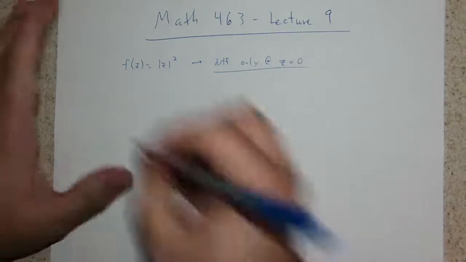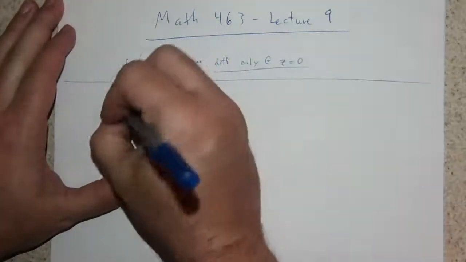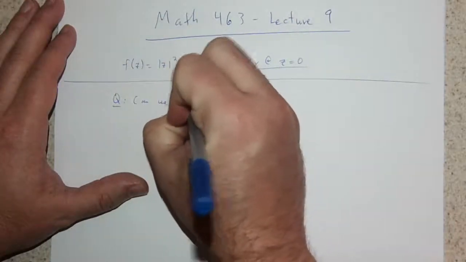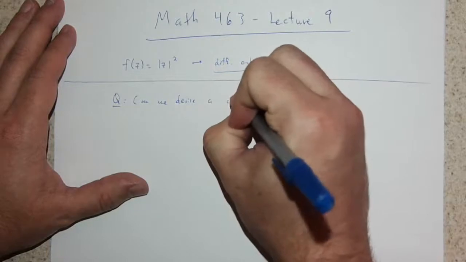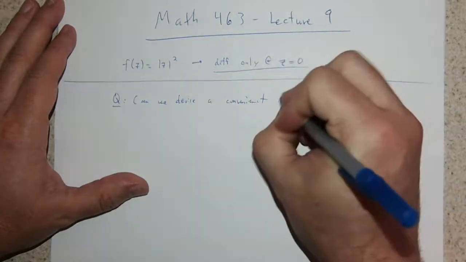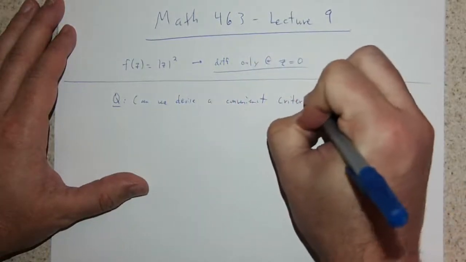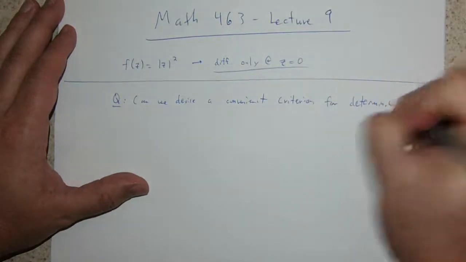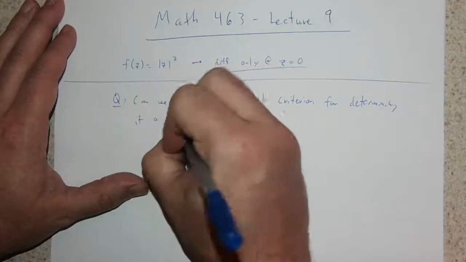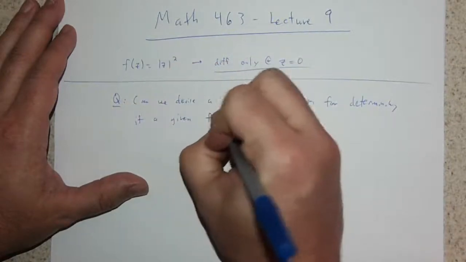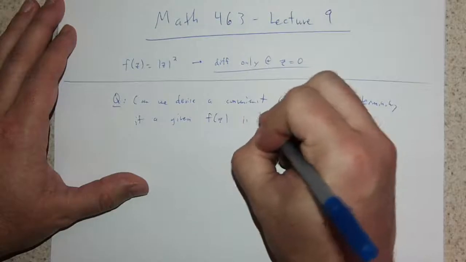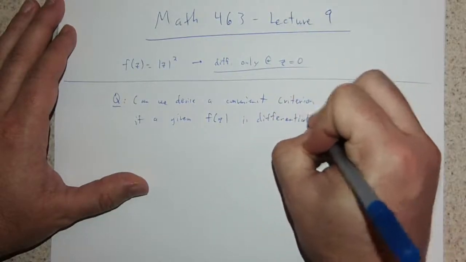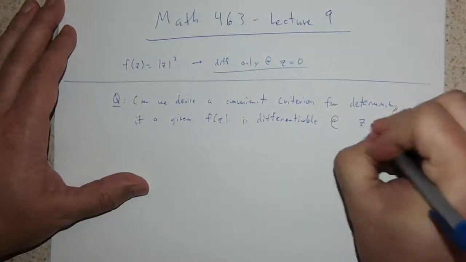And so the question is, can we devise a convenient criterion for determining if a given f of z is differentiable at some point z naught?